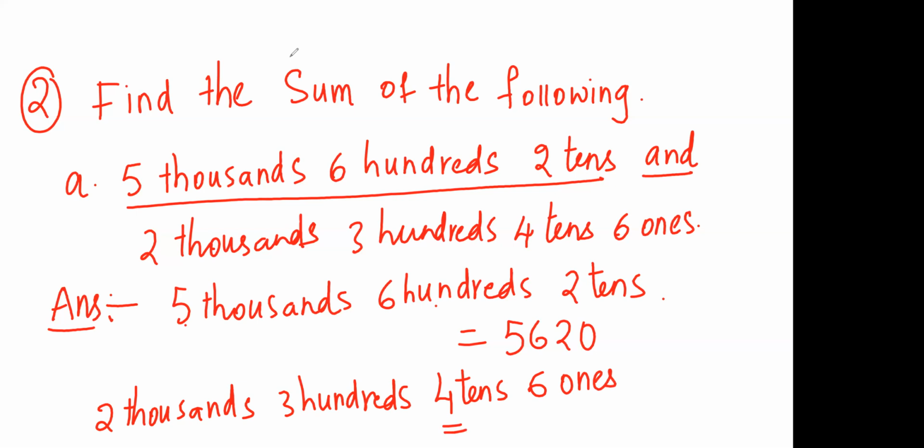Again, it starts with the thousands place onwards. That means we can understand that we have 4 digits. Starts from 2 onwards. 2,000s, 300s, 4 tens and 6 ones. So the number is 2346. Take down these two numbers, children.